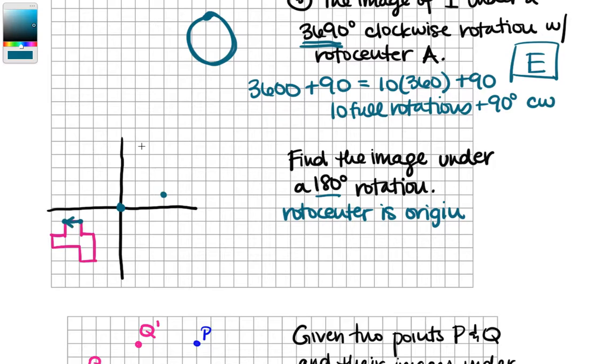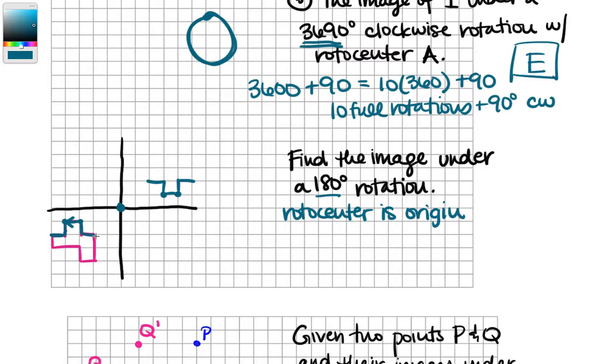But when we do a 180, that's going to be out to the right 1 unit. And similarly with these two pieces here, they were down 1 unit, but when we flip that over 180, they'll be up 1 unit. This was to the left, but when we rotate it 180, it ends up to the right. This was to the right, but when we rotate it 180, it ends up to the left.